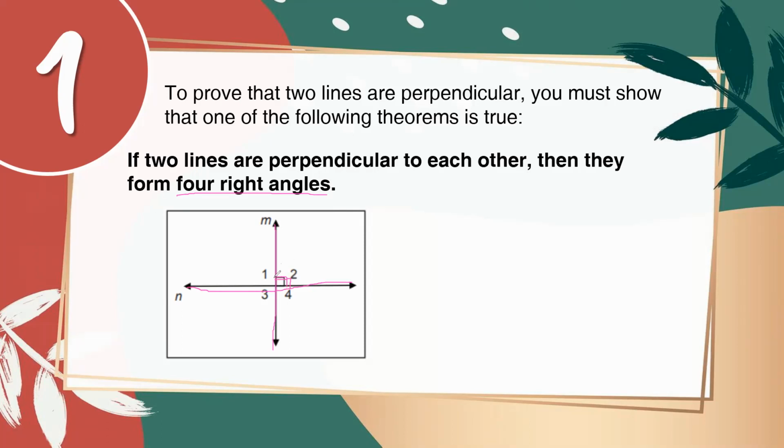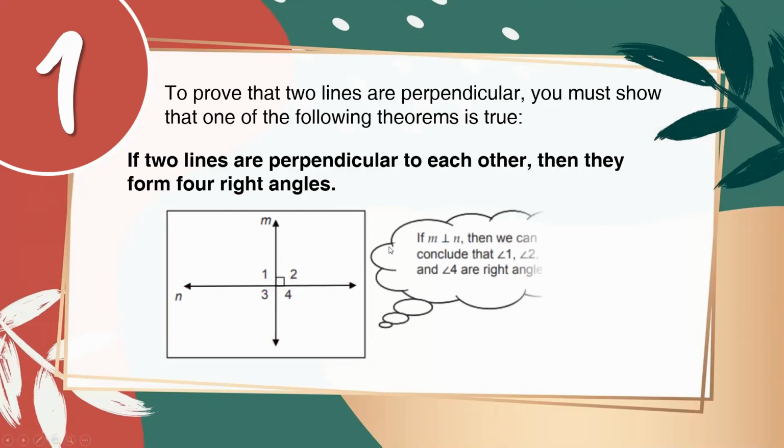This one, the angle 1, the angle 2, the angle 3, and the angle 4. So, if M is perpendicular to N, then we can conclude that angle 1, angle 2, angle 3, and angle 4 are right angles.